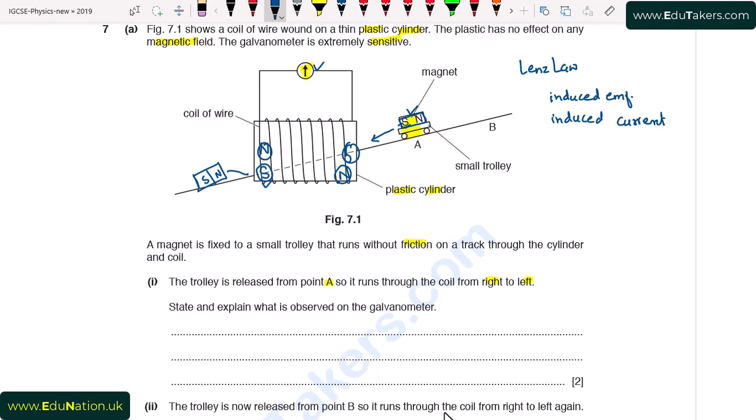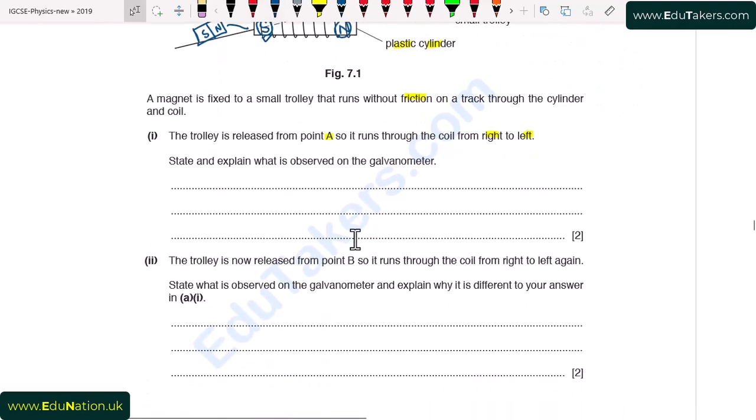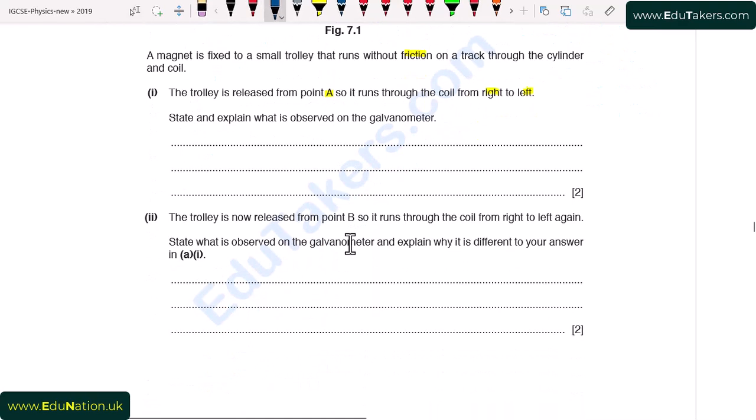Suppose that at this moment the deflection on the galvanometer is on this side, while when the magnet moves to this position, the deflection of the galvanometer will be on the opposite side. So the galvanometer deflection changes. I write here: deflection is observed due to change in magnetic field.